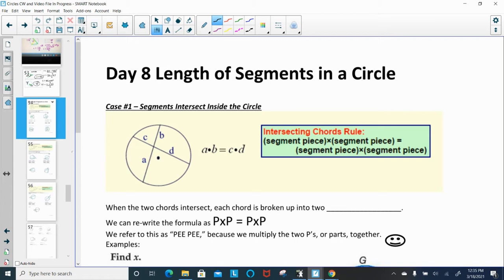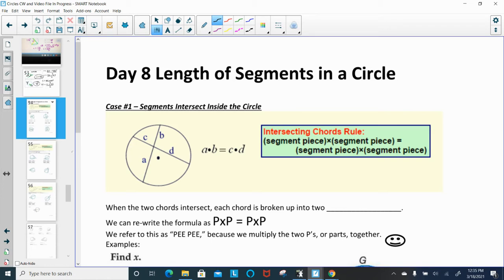And the formula here says that A is a segment, B is a segment, C is a segment, and D is a segment. But they're just pieces and parts of bigger segments. And so the intersecting, these are chords.